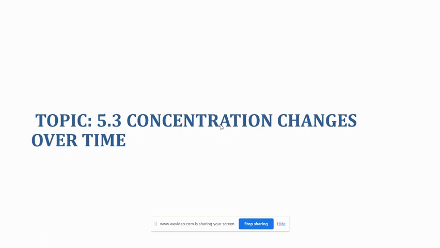All right, so we're looking at concentration changes over time. We've already kind of alluded to these a little bit, okay? But you can look at these concentration changes over time, and you can determine from that data what order reaction you have.